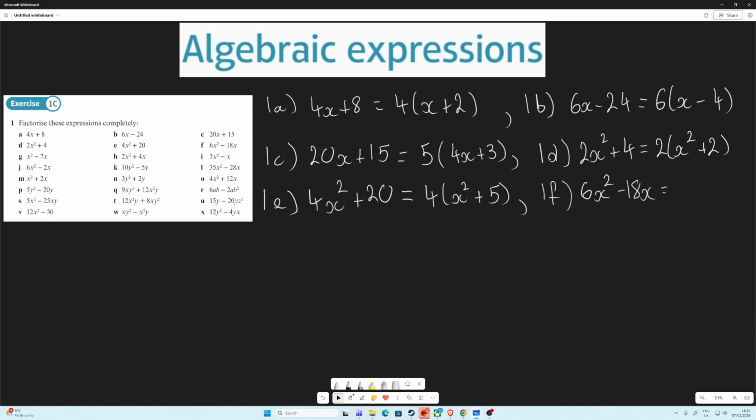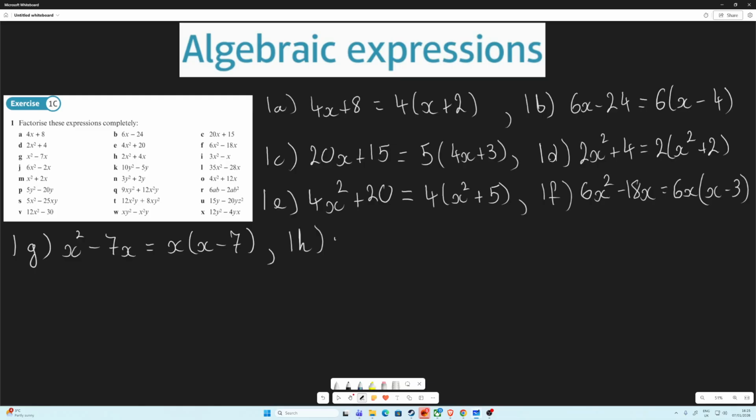This time we have both coefficients and variable as common factors, so it's 6x into x minus 3. Okay, 1g. X squared minus 7x. Clearly only x is the common factor, so you have x into x minus 7.